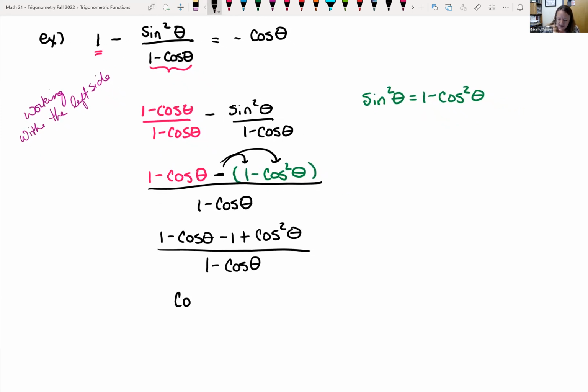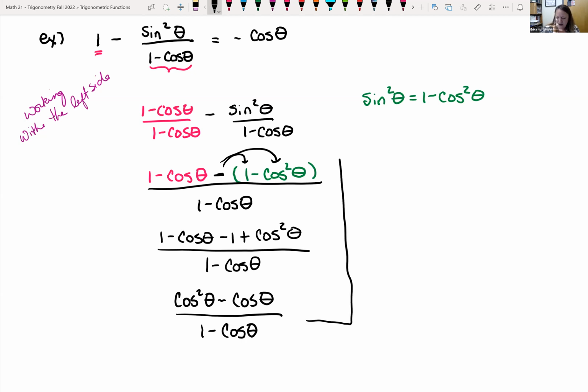And then I have cosine squared theta, just rewriting in descending order of powers, minus cosine theta, all over 1 minus cosine theta. I notice that in my numerator we can factor out a cosine theta from both of those terms. So if we pull out a cosine theta, we're left with cosine theta minus 1 all over 1 minus cosine theta.